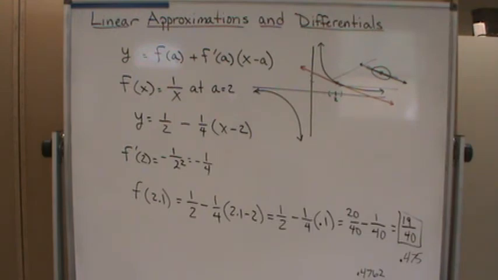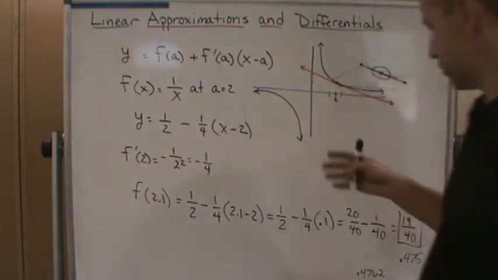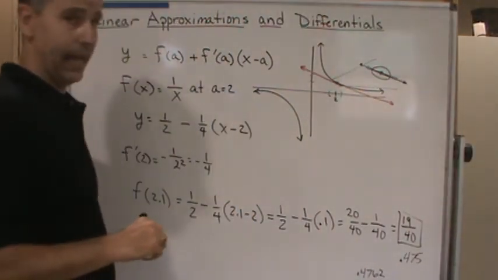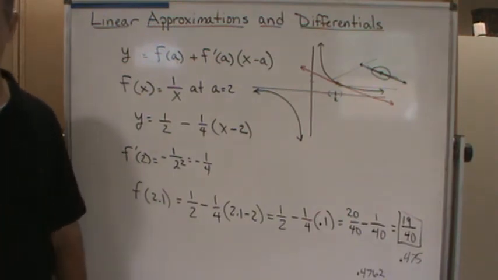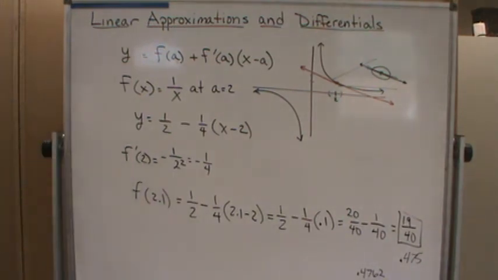What else do I want to say here? So the bottom line is as long as we're close to the a value, linear approximation is a pretty good approximation. But note that if you take x values that are far from 2, then obviously the accuracy goes down. Okay? So be careful of that.